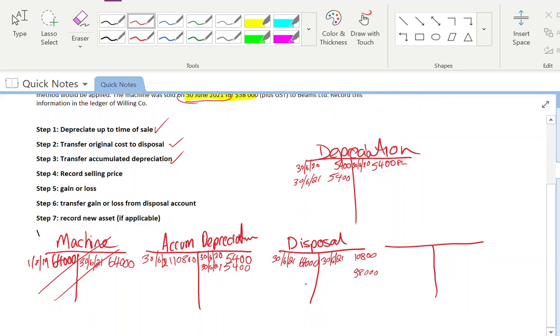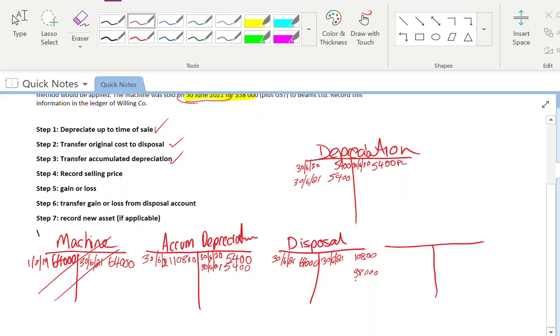So, objective here is we're going to work out if we made a gain or a loss on the asset. Okay, so we need to work out here how much the asset was worth to us. The asset was worth to us, if we get the original cost, subtract the accumulated depreciation, about $53,000, $53,200.